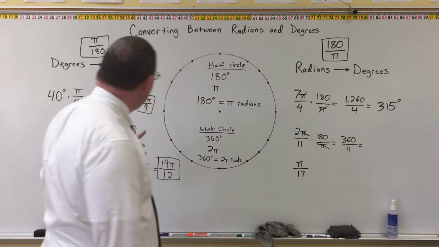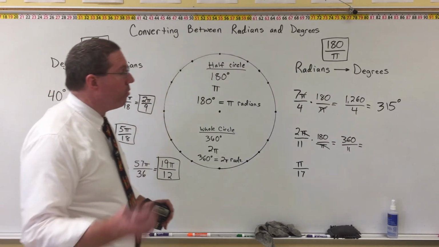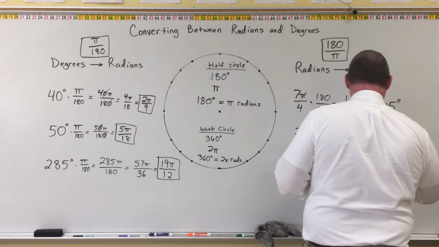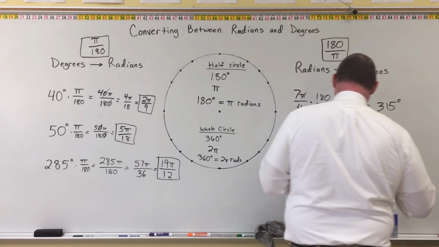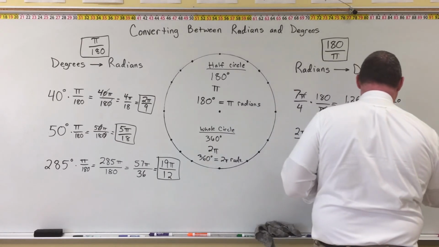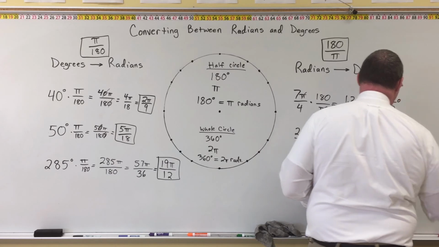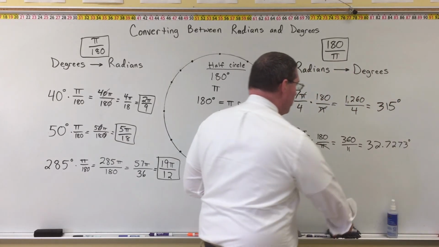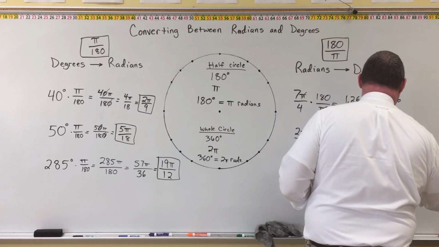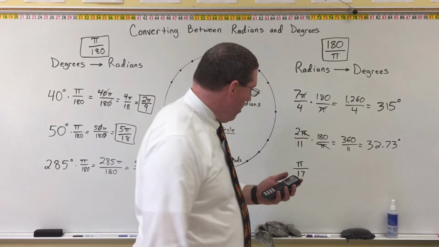With radians, it's more appropriate to use a fraction with a pi in the numerator. With degrees, it's more appropriate to use a decimal. So I'm going to write this out as 32.7273, rounding to the fourth decimal place. Actually, let's just go to the second decimal place. Let's just do 32.73 degrees.